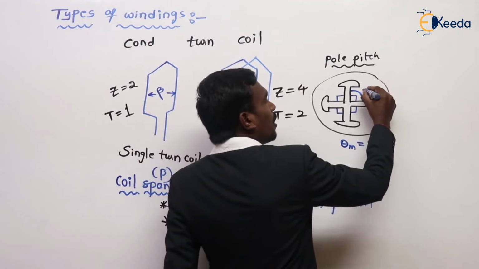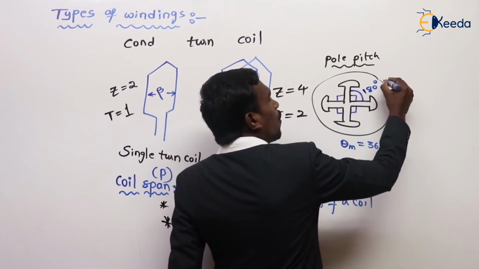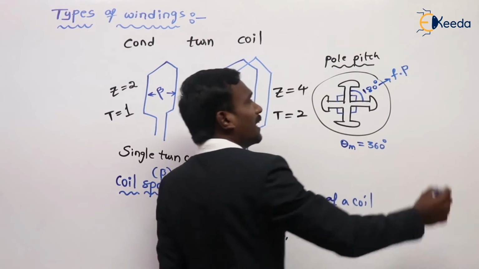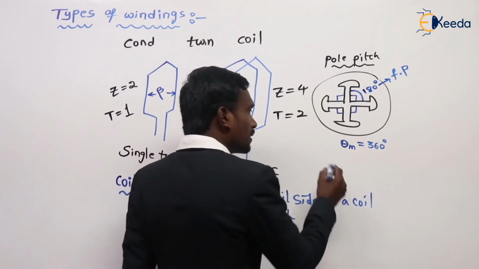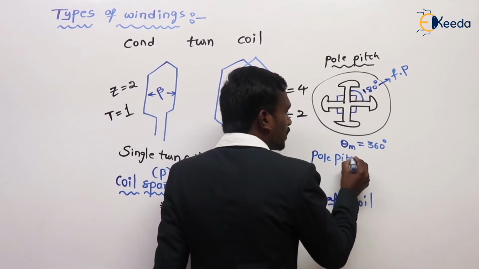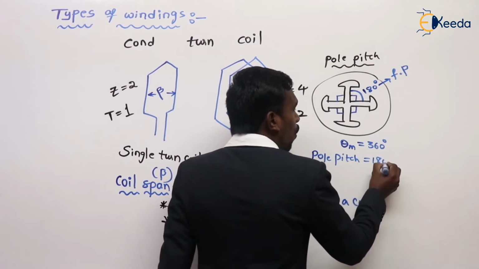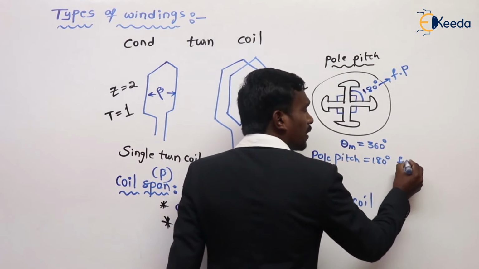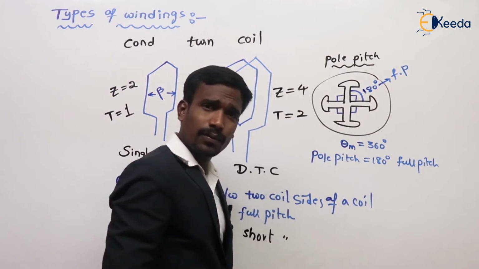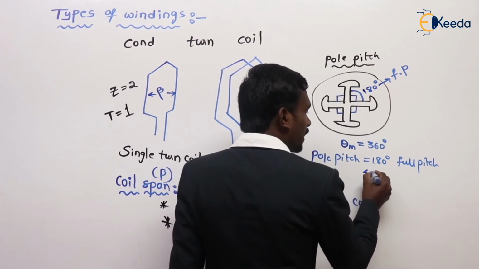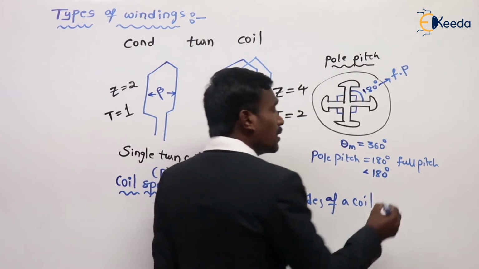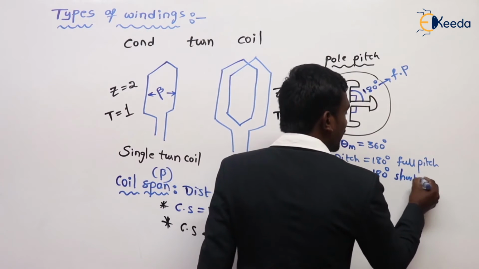Generally, the pole pitch is equal to 180 degrees for full pitch winding, and less than 180 degrees for short pitch winding.